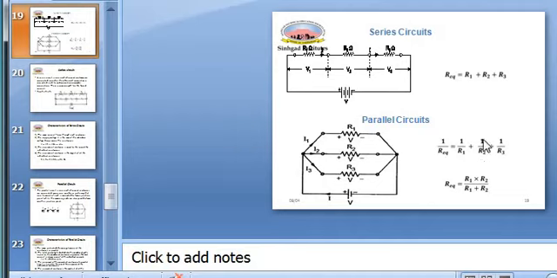See here, R1 plus R2 divided by R1 into R2. But here it is 1 divided by R equivalent. Therefore, R equivalent is the inverse of this side. After inversing, it will be R1 into R2 divided by R1 plus R2. Very simple. When there are two resistances, the equivalent resistance will be the product of the two resistances divided by the summation of the two resistances.